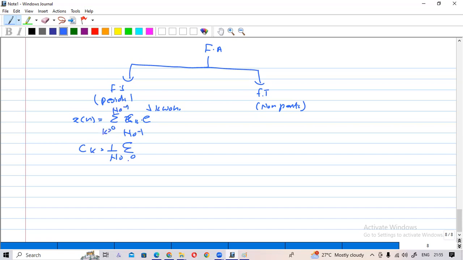For non-periodic signals, this k omega naught will be like a continuous term, and we can convert it directly. Here we have the n value.